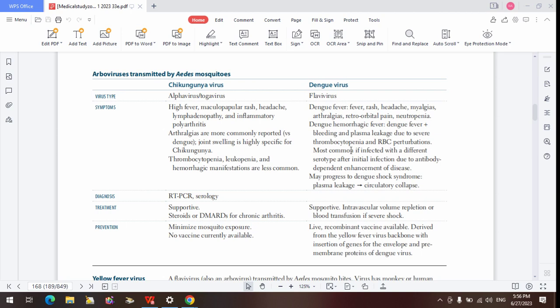So for dengue, what they did was they took yellow fever and removed the envelope protein of yellow fever. They removed the protein for some portion of the capsid. They replaced those areas with the complementary portions from dengue.